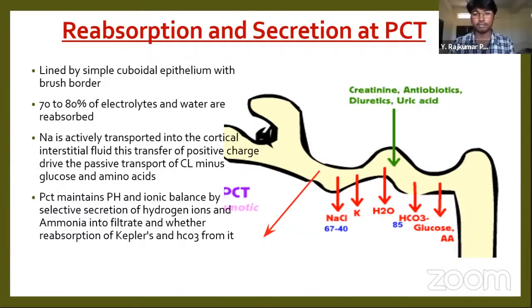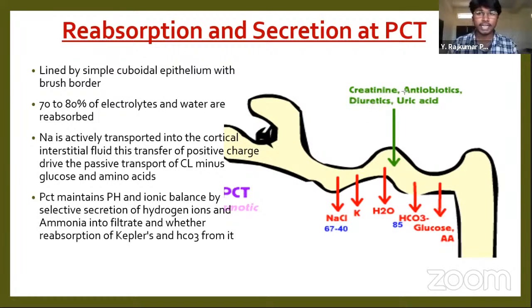That is called secretion. Suppose something is getting inside of the PCT, that is called secretion. That means substances are excreted, so they are secreted into the PCT. Reabsorption means coming out of the renal tubule. Getting in is called secretion.